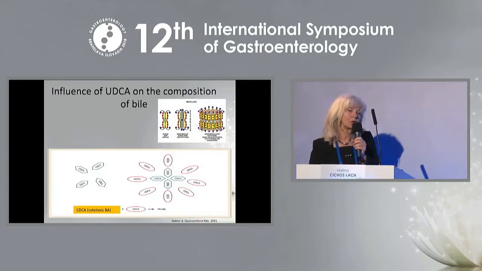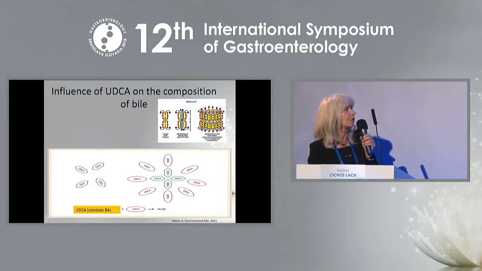The beneficial role of UDCA is related to its influence on the composition of bile. The increase in UDCA concentration in bile leads to the formation of micelles that contain less of the more toxic bile acids.